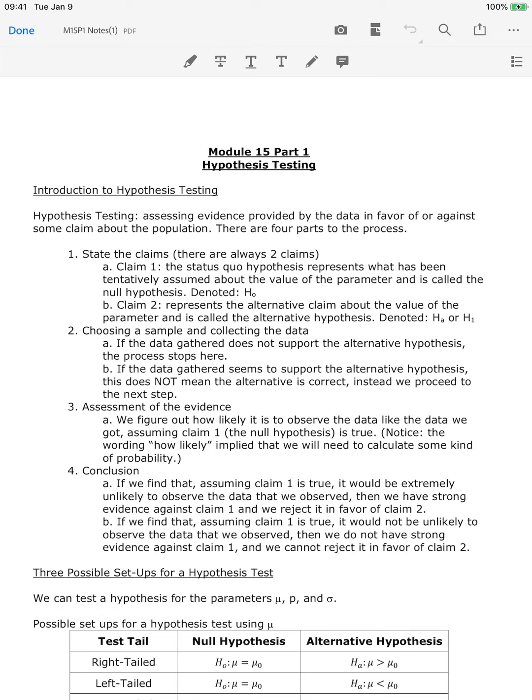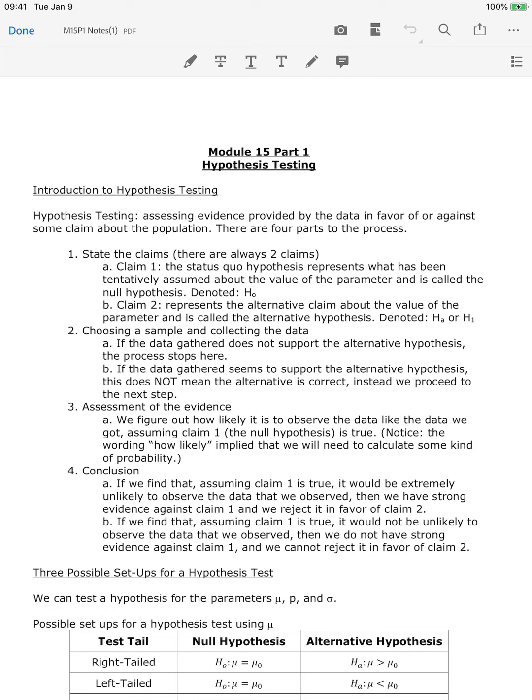This is the piece that actually has the mathematical component, the calculations, to determine whether or not our alternative hypothesis is true. So when we do this, we want to figure out how likely it is to observe the data that we observed if we're assuming the first claim, the null hypothesis, is true.